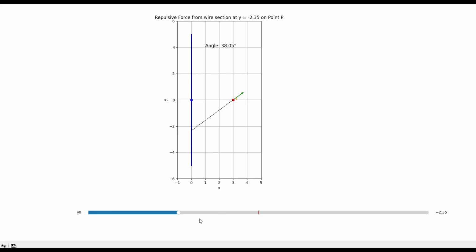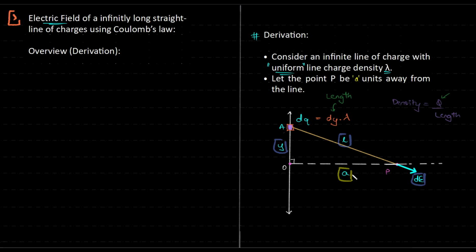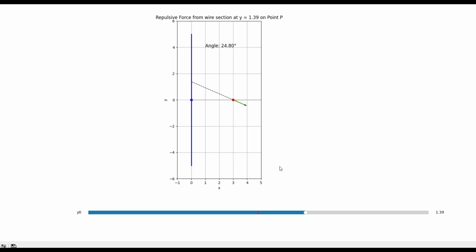Is it not? Whatever I do, distance from O to P is not changing. That is fixed. Right? And what else is changing? One more thing over here. I don't know if you guys noticed it. The angle is changing. Can you see that?